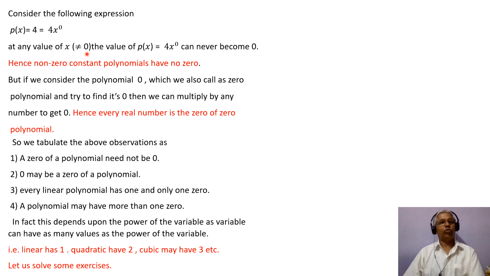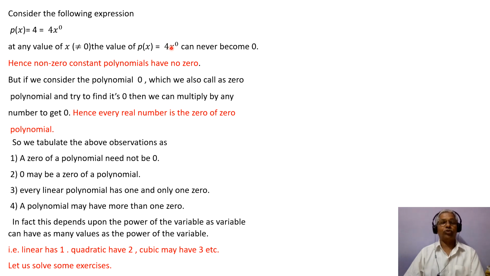Okay, not equal to 0, x cannot be 0. So for any value of x, the value of this p(x), that is equal to 4 times x raised to 0, can never become 0. Got it? If it is 1 or 2 or 3, this x raised to 0 will be 1.